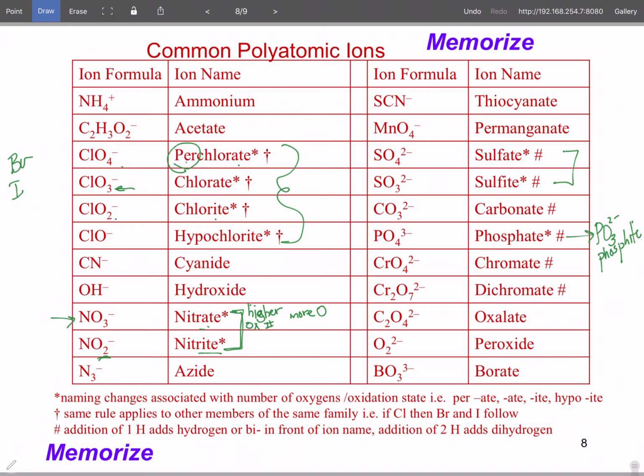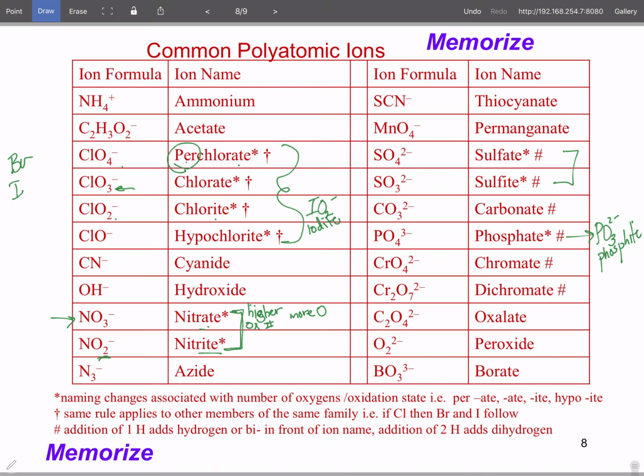Hypo is like hypoactive, which is less, one less, so it's 1. So we could do this with any of the other species. So if I did IO2 minus, that is iodite ion.